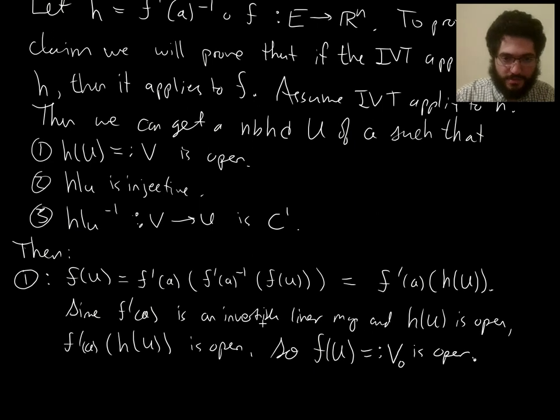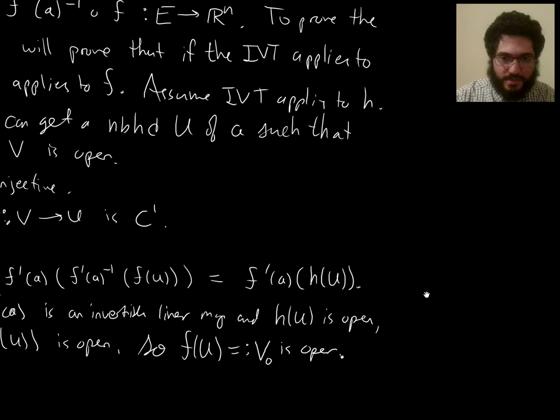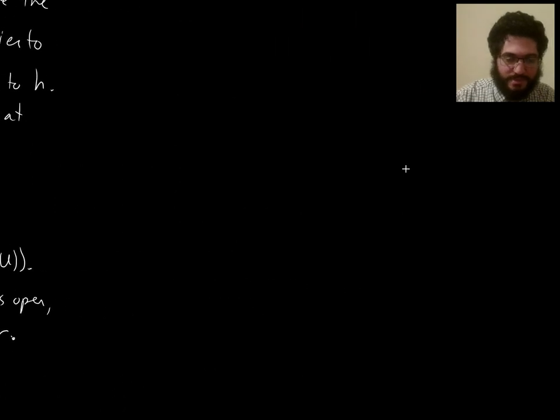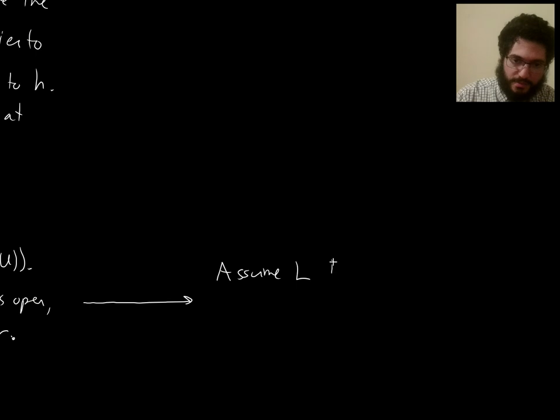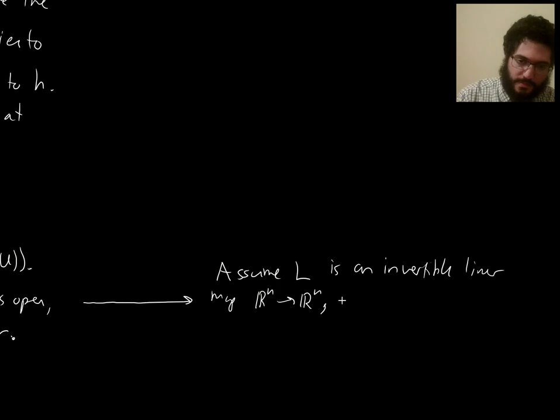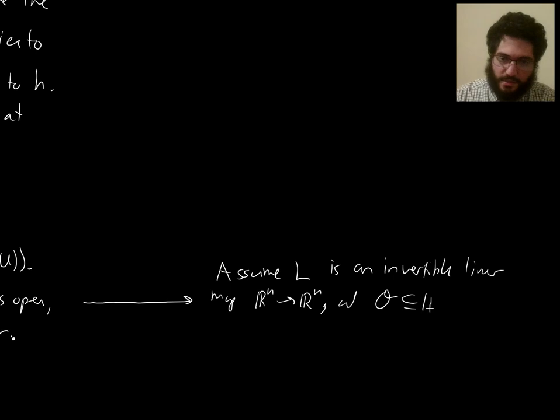And I promised I would verify this. If you take an invertible linear map and apply it to an open set, then you get an open set. So let me just verify that off to the side here. Assume L is an invertible linear map, say Rn to Rn. And let's say O, a subset of Rn, is open.